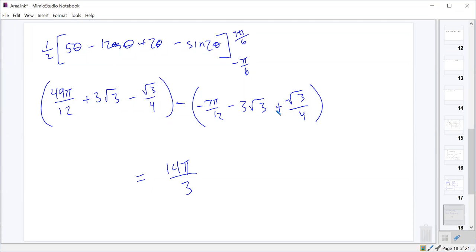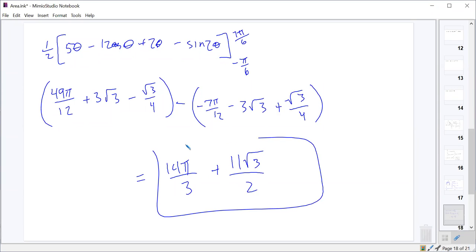Oh, that was a plus. Yeah. So, yeah, we got that fixed. Sorry, Nick. I just realized that. So 6 root 3, and then it's minus root 3 over 2. So that ought to be plus 11 root 3 over 2. Missed a little sign there. Sorry about that.